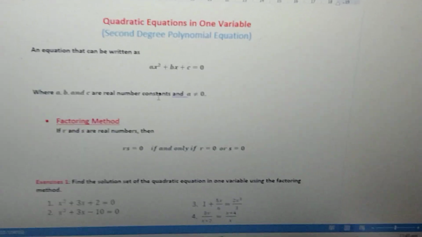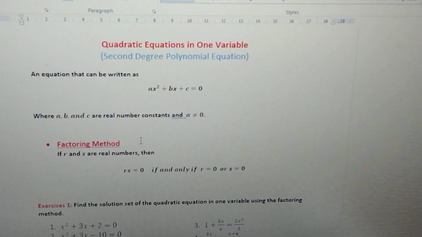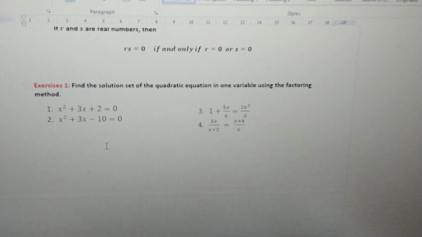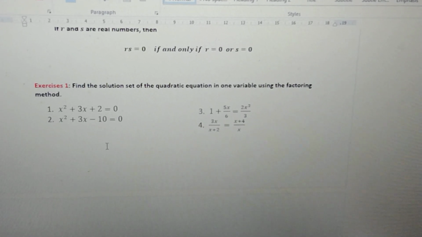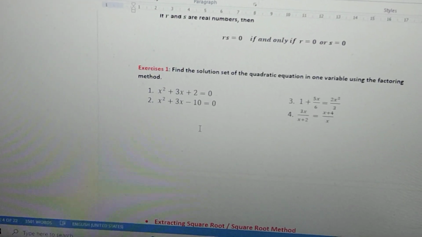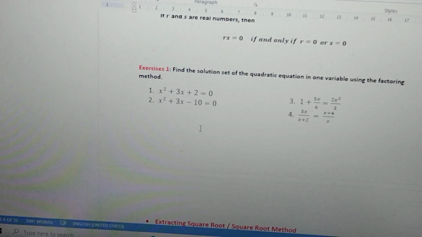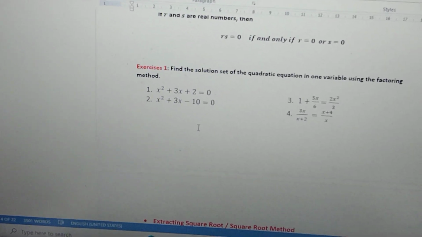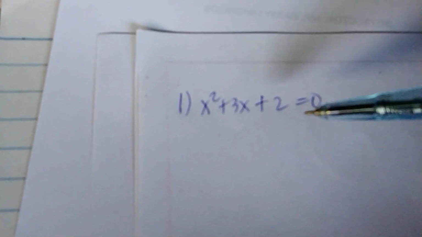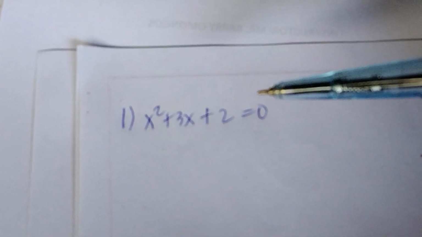So let us consider our examples here. Example 1, you are given x squared plus 3x plus 2 is equal to 0. Now, what we're going to do here, this is already in standard form, no?